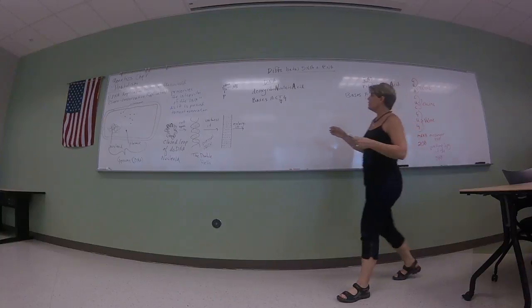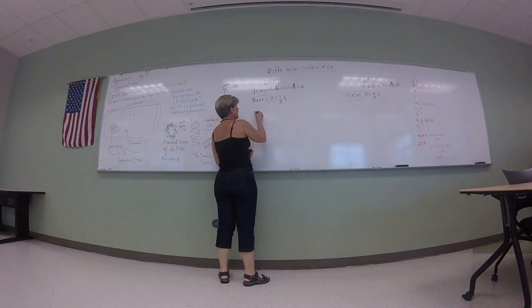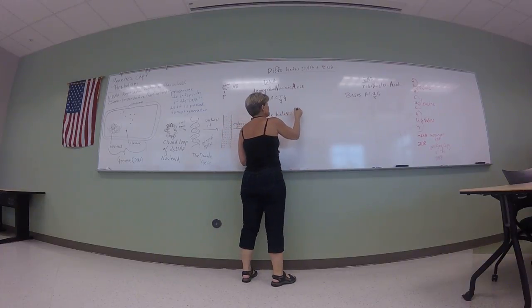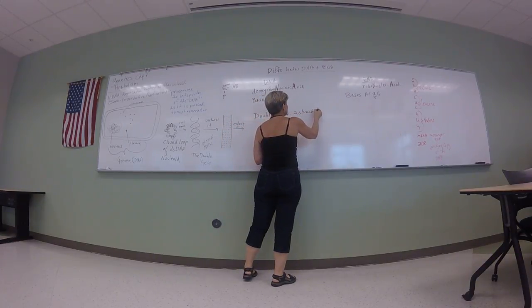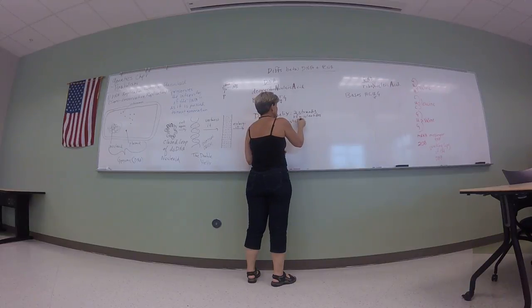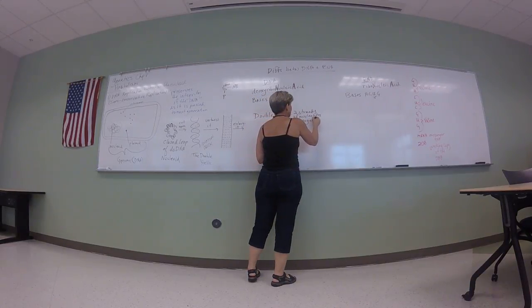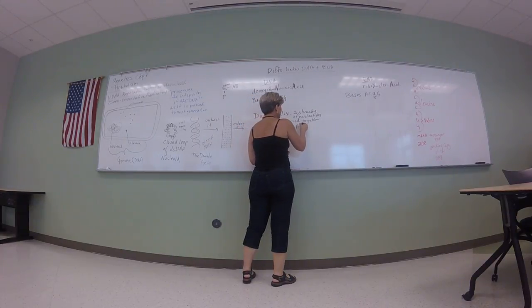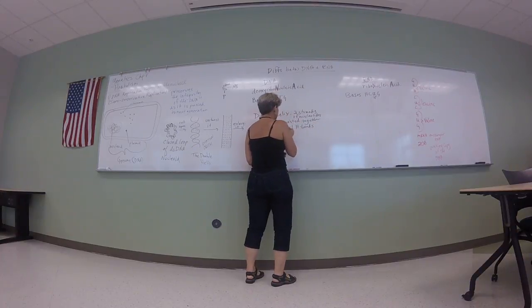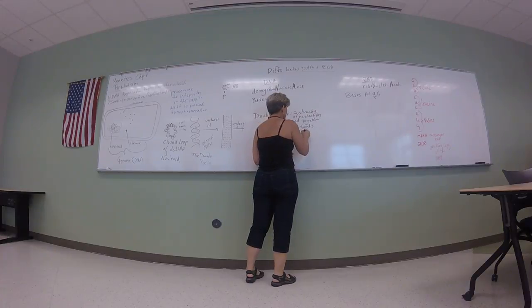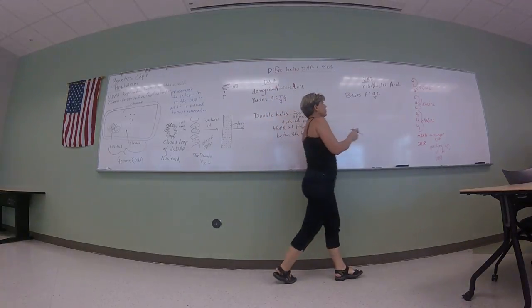Okay, what else is different? DNA is a double helix, right? It's 2 strands of nucleotides twisted together, right? And held together with hydrogen bonds. And the hydrogen bonds are between the bases. RNA.